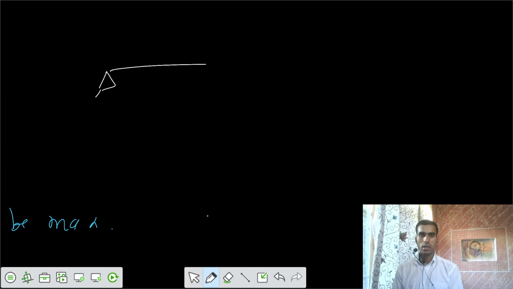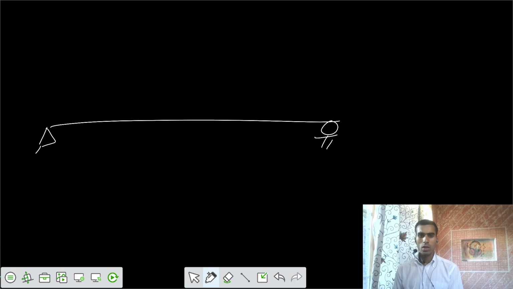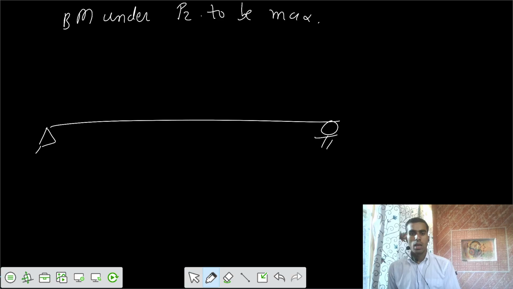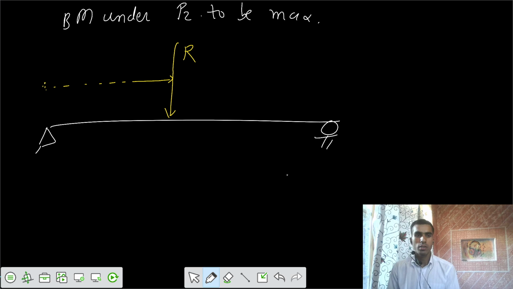Let me revise that. You have this simply supported beam. The case was we want the bending moment to be maximum under a point load, P2. This was our condition. Then there is some resultant of those loads at some distance X, whose value I don't know.